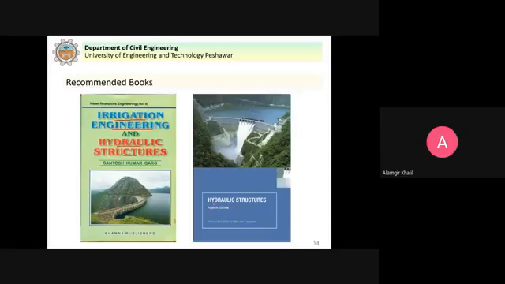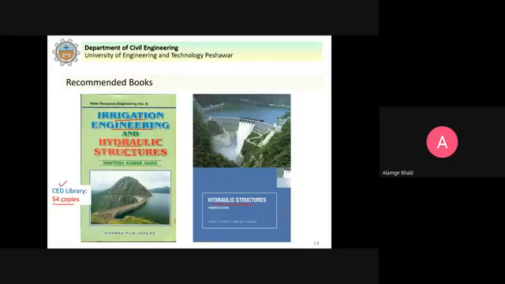For hydraulic structures, the other book given in your syllabus is Hydraulic Structures by Moffett. This book is not available in the library, but it is available online. You can download this book. Now, for Irrigation Engineering and Hydraulic Structures, we currently have 54 copies available in our library.